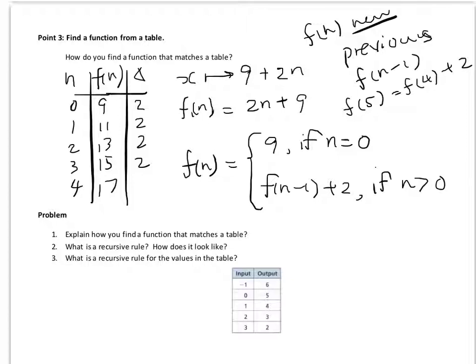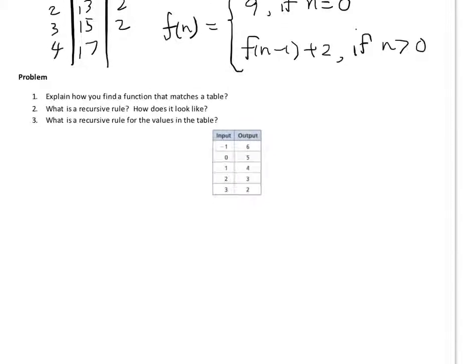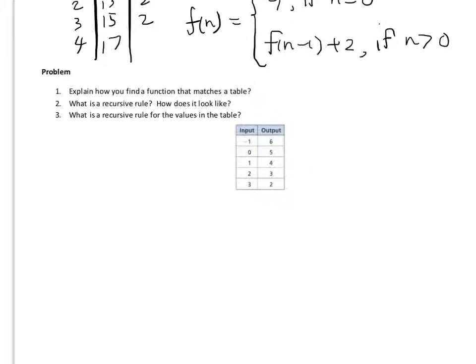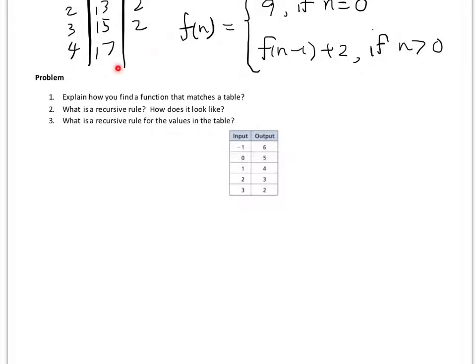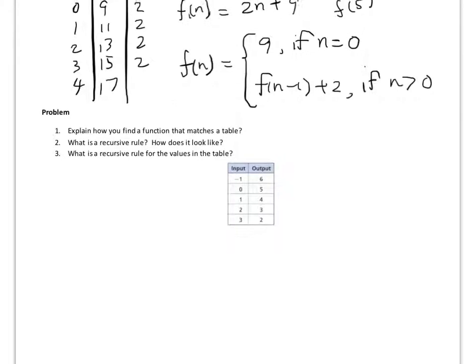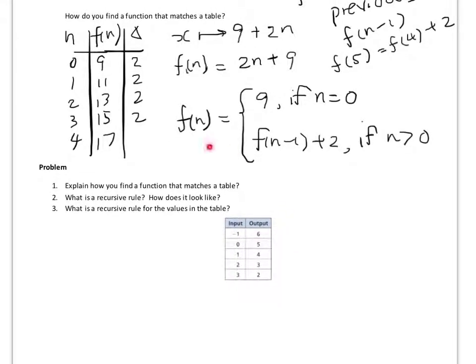So what I want you to do is, these are the problems. Explain how to find a function that matches a table. If you have a table like that, how do you find a function that matches the table? That's what I just did here. So we have 3 ways of writing the function.